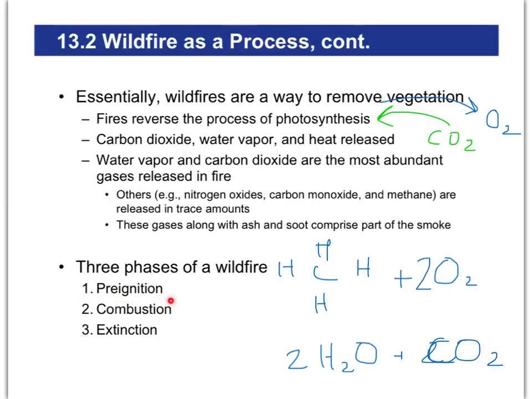You need to have it in that flame a little bit before the paper will ignite. You can think of that as pre-ignition, and some of the processes that are going on are getting the paper ready to start catching fire. Combustion we just talked about, we'll talk about in a little more detail. And then extinction, what actually happens to cause the fire to go out. One of those 3 parts of the fire triangle go away.